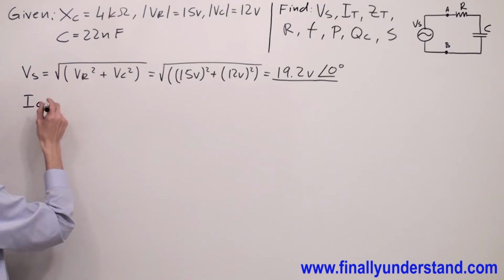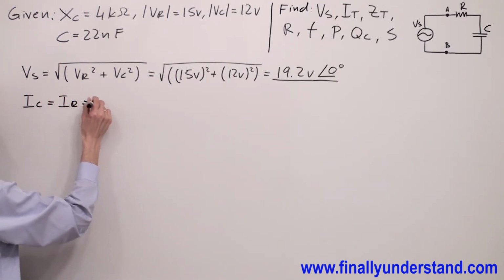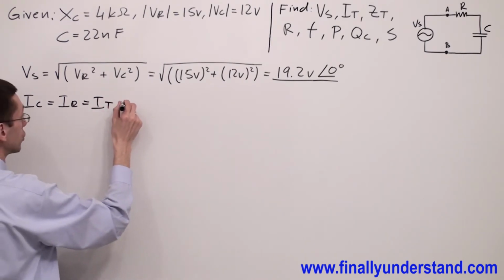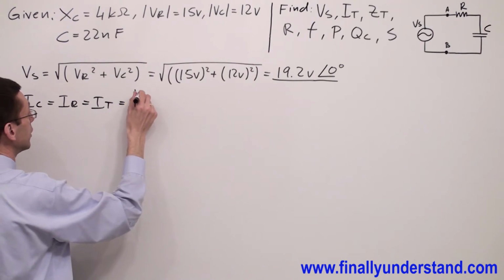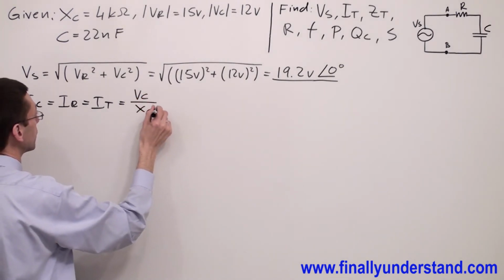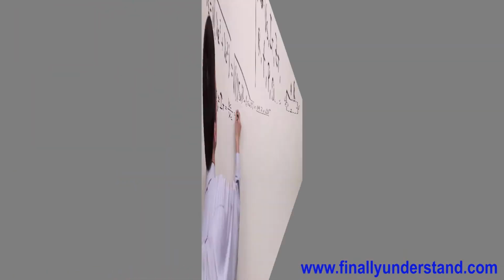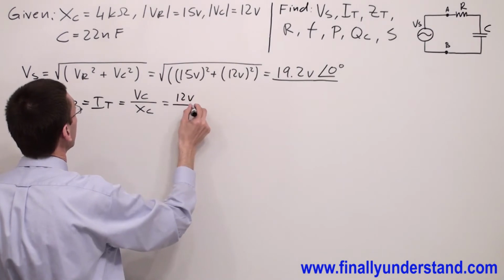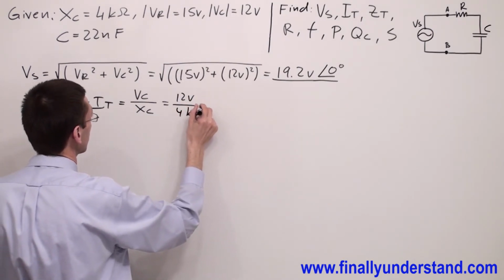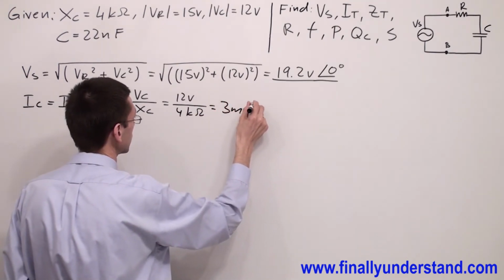Keep in mind that IC is going to be equal to IR and also equal to I total, because this is a series circuit. So this is equal to VC over X of C, where VC is equal to 12 volts and X of C is equal to 4 kiloohms. This is equal to 3 milliamps.